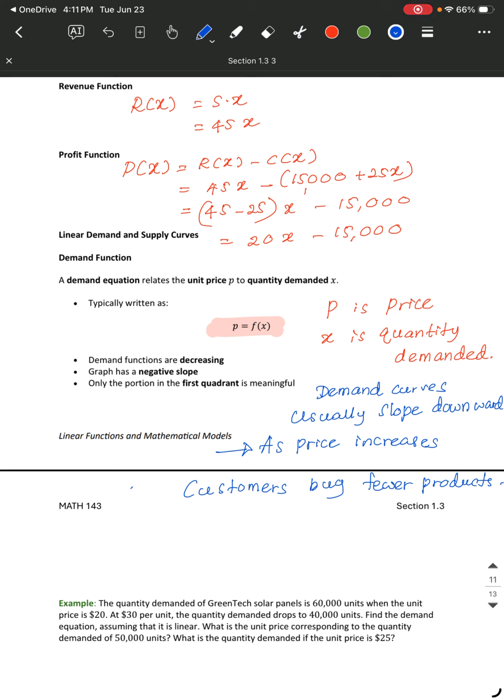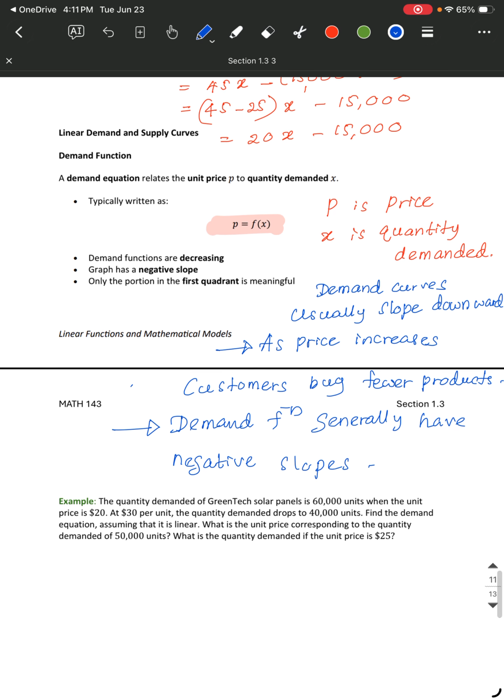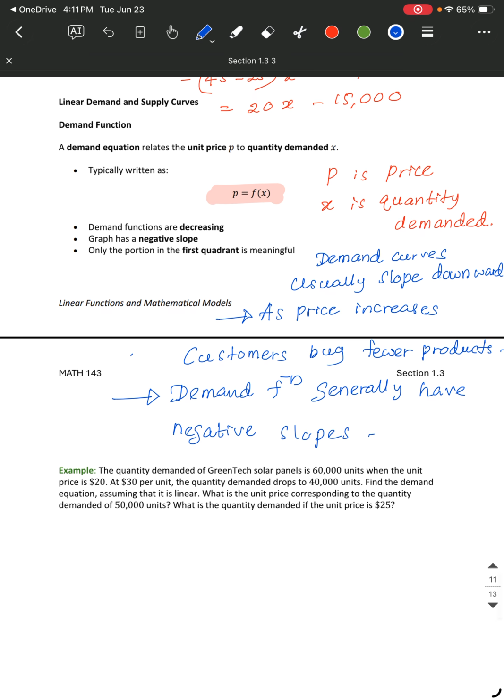And therefore, the demand function generally has a negative slope, right?